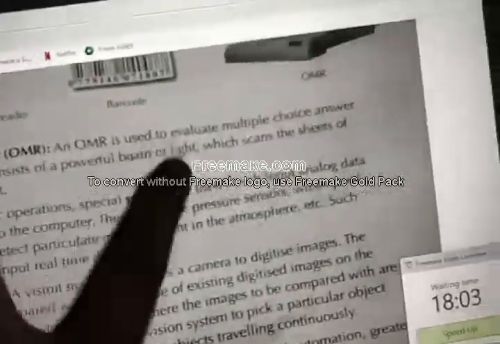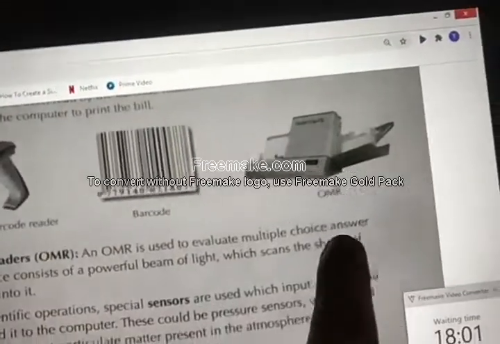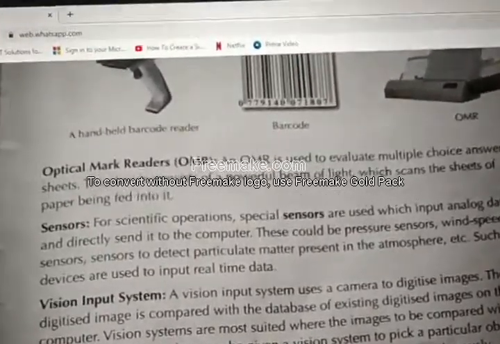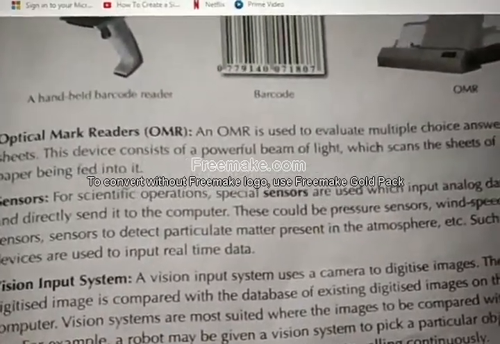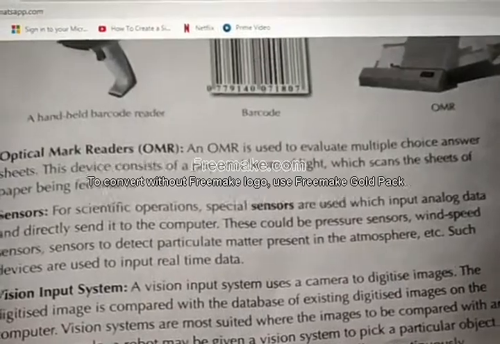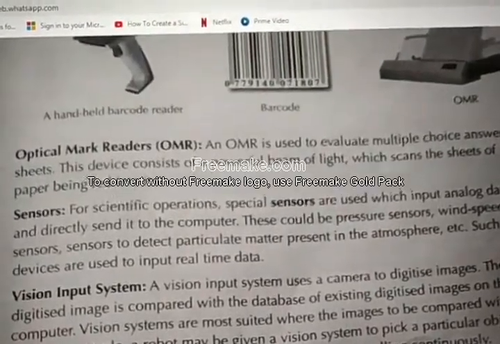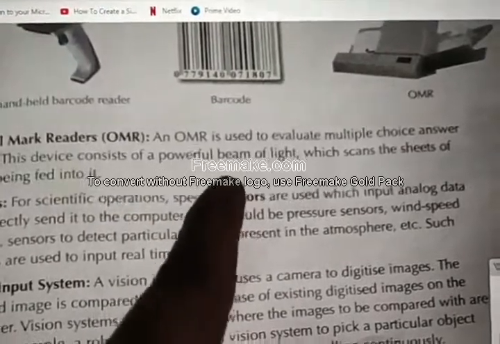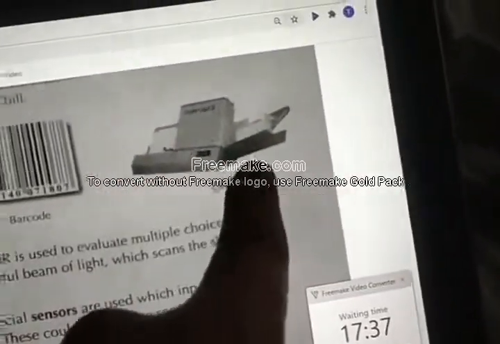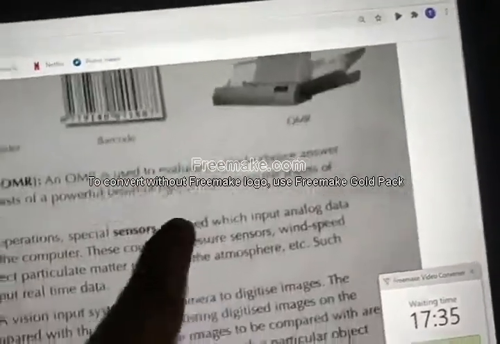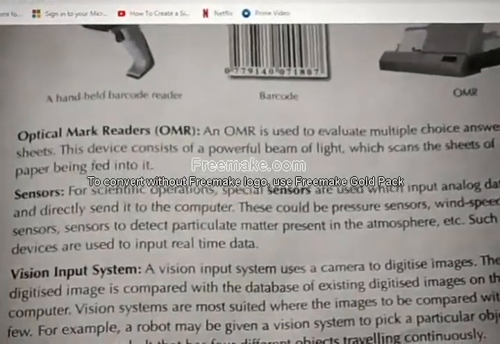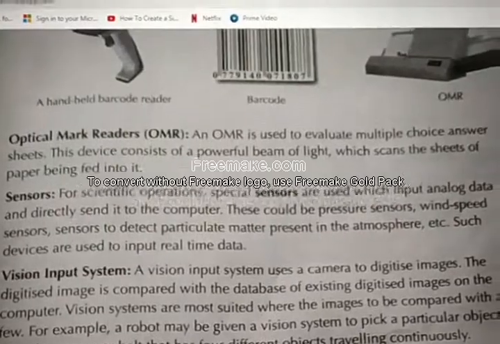These OMR sheets are fed into this machine, the OMR machine. This device scans the full sheet with the help of a powerful beam of light inside it. Using this light, it scans the full sheet and feeds the data it reads into the computer.